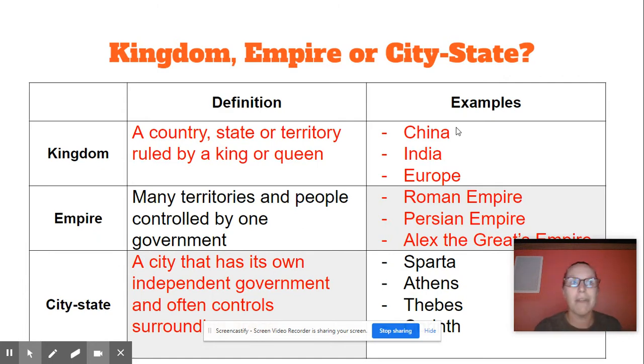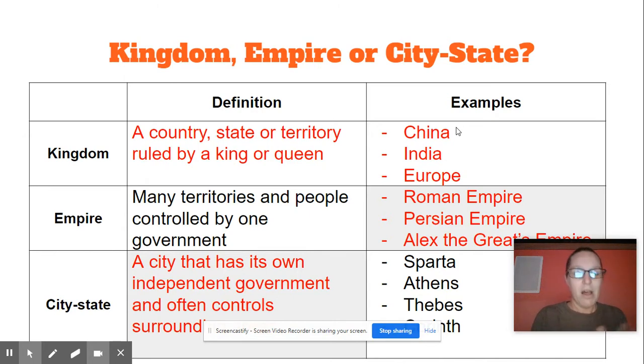When you start conquering other places and now you're controlling them as if they are your own, you are an empire. And we see this in the Roman Empire, the Persian Empire, which we're going to talk about in a couple weeks, and then Alexander the Great's empire, which we'll talk about a little bit after that. So a kingdom is ruled by one king or queen. An empire is when you're that king or queen and you take over other kingdoms and now you are the ruler of them.